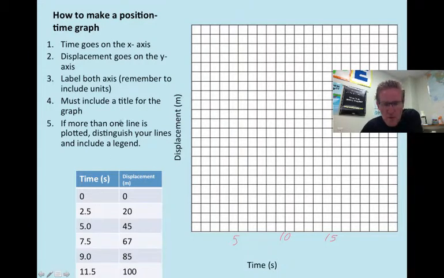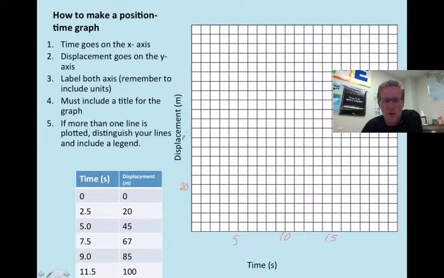And then for the y-axis, I'm making each box worth 5 because we need to get up to 100, and we don't have 100 boxes. That's something you have to do when you're doing these by hand. Most of the time I'm going to have you make these on Excel, so it'll be a lot easier.